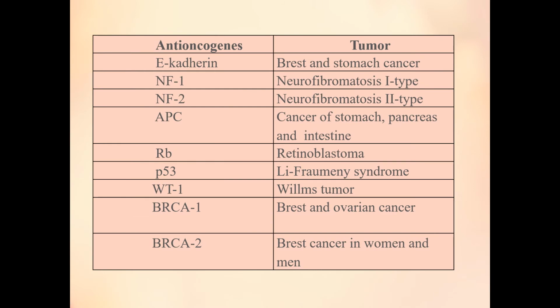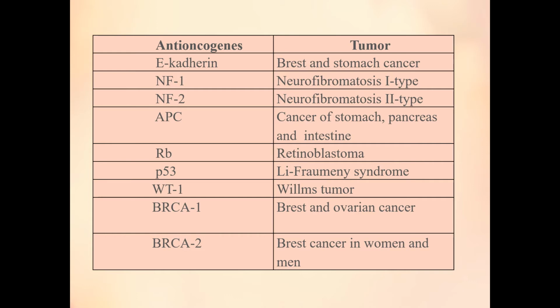The next genes, mutation of which plays a role in the pathogenic mechanisms of neoplasia, are anti-oncogenes, or tumor suppressor genes. You see here the list of anti-oncogenes, for example E-cadherin, NF1, NF2, APC, the retinoblastoma gene, and P53. All of them are anti-oncogene tumor suppressor genes.